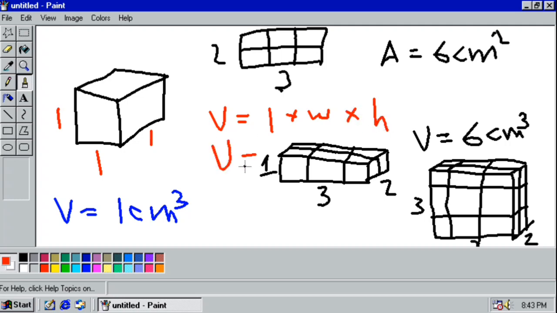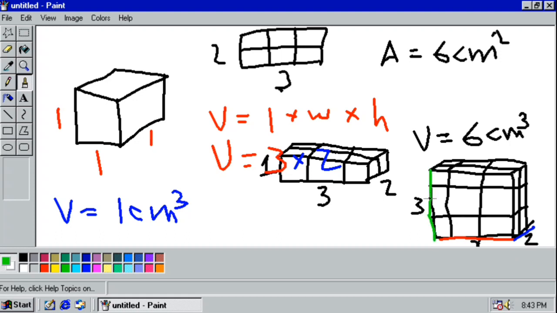So our length here, which is this side, is 3. Sorry if we don't have space anymore. And our width here is 2. Then, let's have the height now.